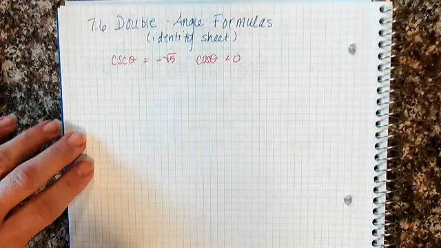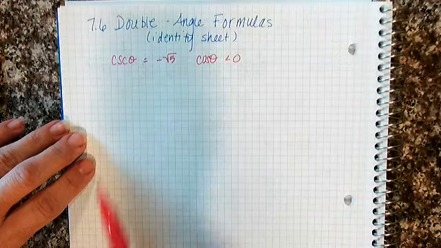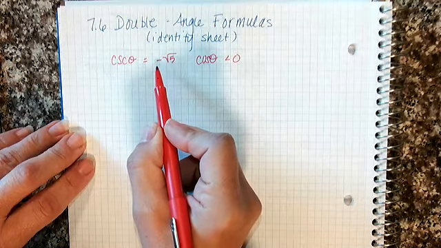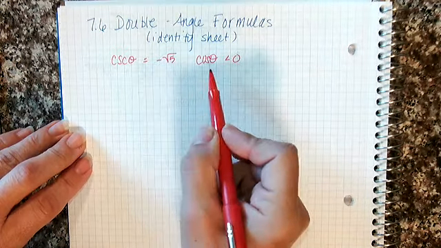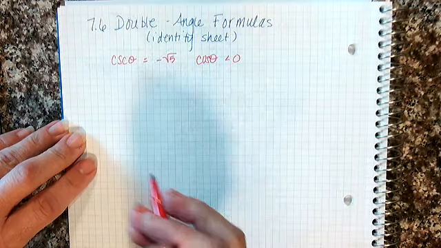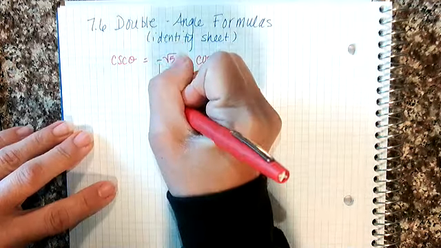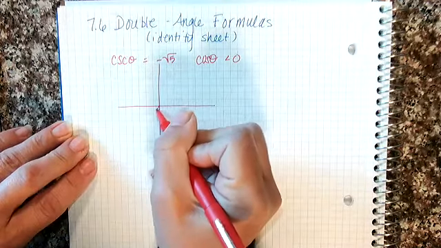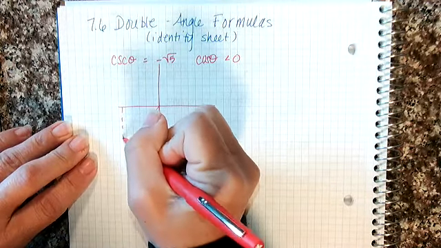Okay, so the cosecant is the reciprocal of the sine. So I'm figuring out here, where is the cosecant negative, which means the sine is negative, and the cosine is less than 0, which means that it is negative. So where on the unit circle are both the sine and the cosine negative? And I believe that is quadrant 3.